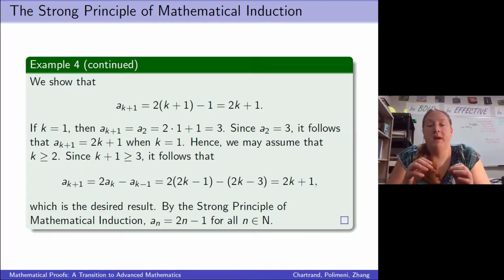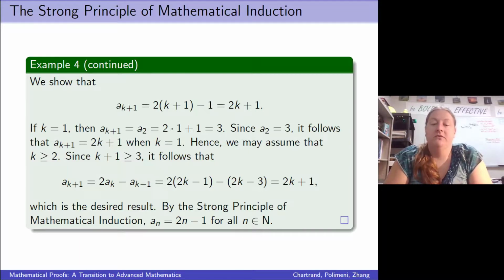Well, by my induction hypothesis, a sub k equals 2k minus 1, and a sub k minus 1 equals 2k minus 3.